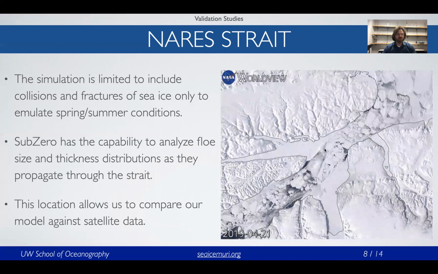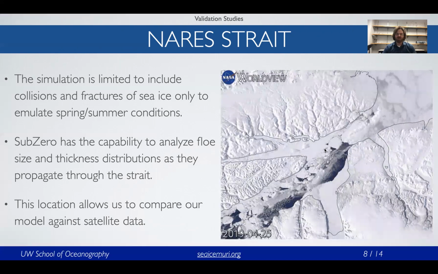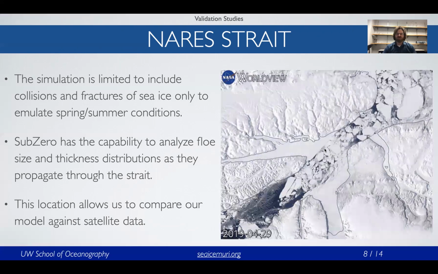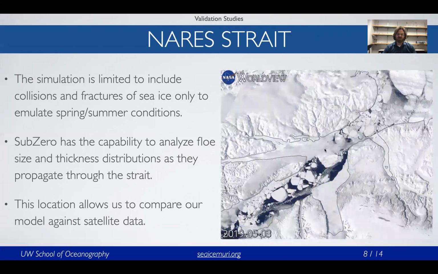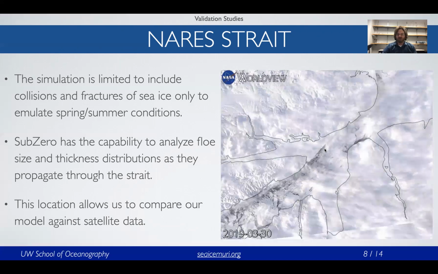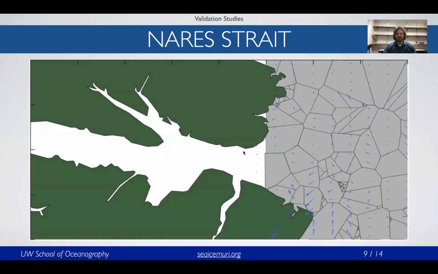And now with SubZero, we have the capability to analyze flow size and thickness distribution as they propagate through the strait. So we would like to ultimately use satellite data to validate our model and compare the flow size distribution as well as the ice thickness distribution from our model with that of the observed flows.